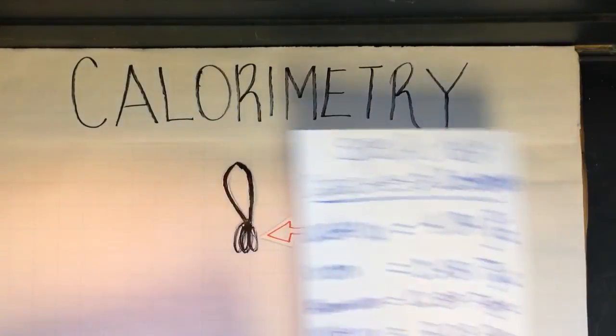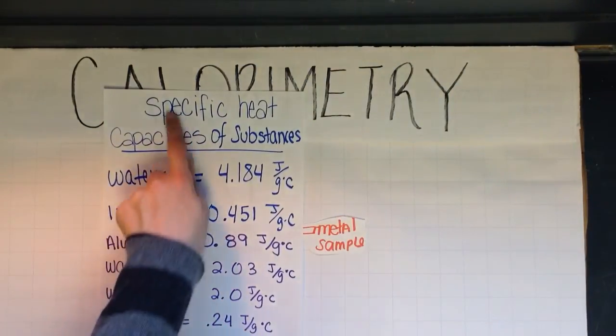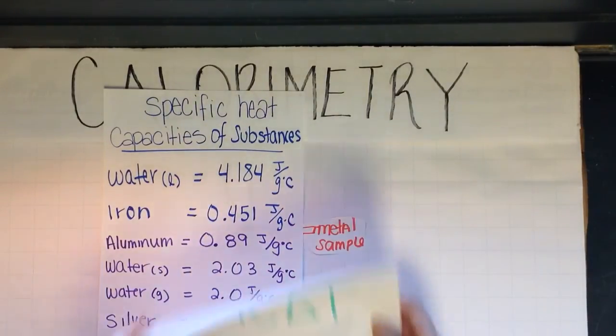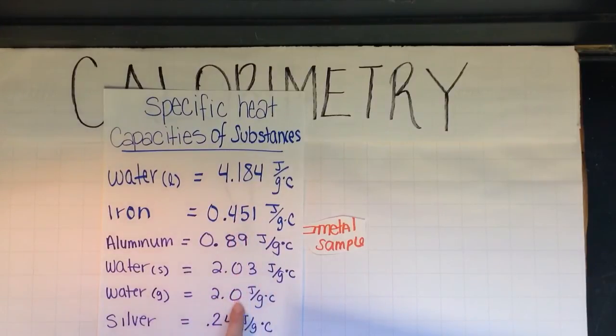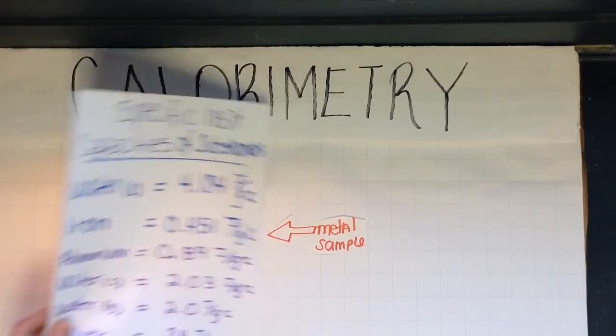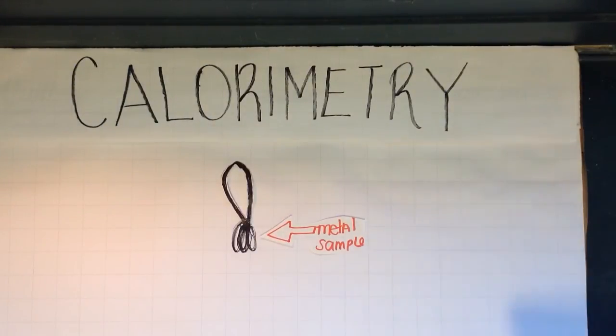Why? Well, let's look. If I can find its specific heat capacity, represented by the letter c, then I can actually look it up on this list and tell you if I've got aluminum or silver or iron. Okay, so that's a good way to identify something if we're talking about energy.